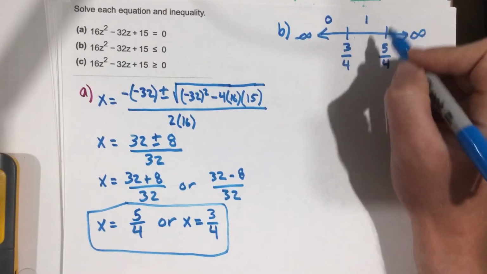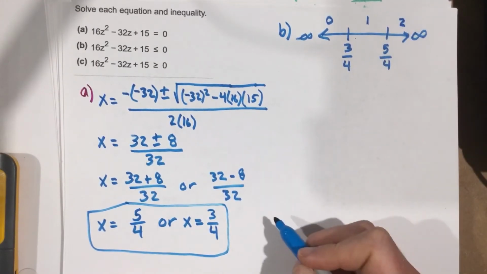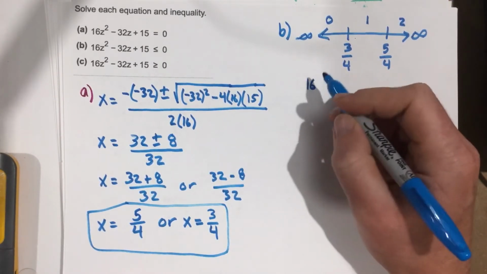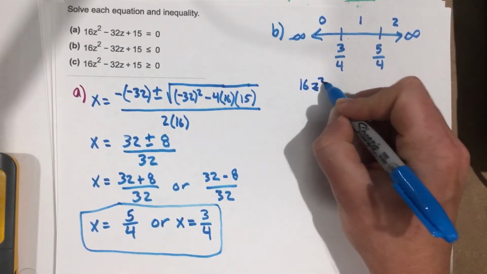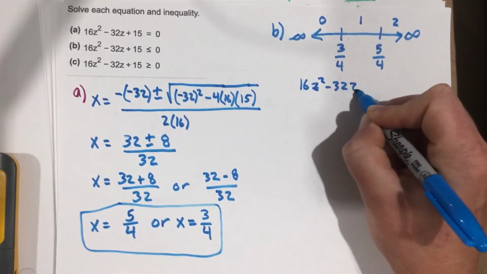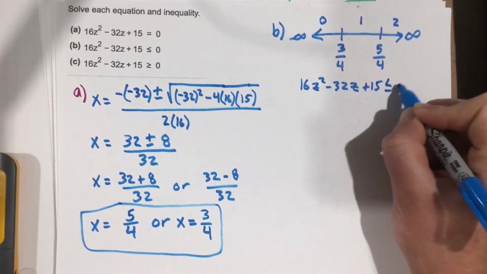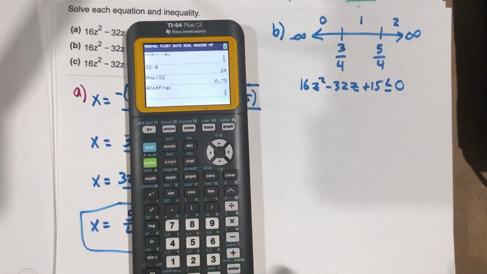I'm going to plug in 1, because that's between 3/4 and 5/4, and I'm going to plug in 2. And remember, I'm plugging it into 16z squared minus 32z plus 15, and we're looking at the less than or equal to 0. Now I'm going to do this pretty easily using my calculator.